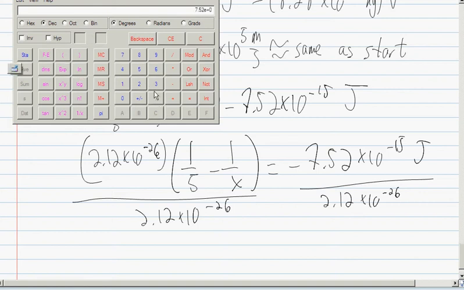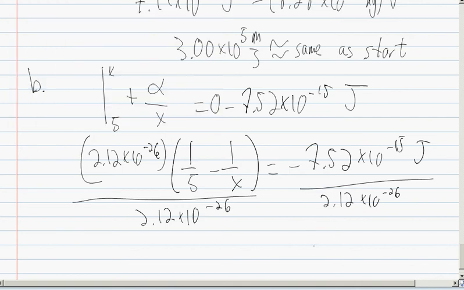7.52 e to the negative 15th divided by 2.12 e to the negative 26 equals 3.54 times 10 to the positive 11.